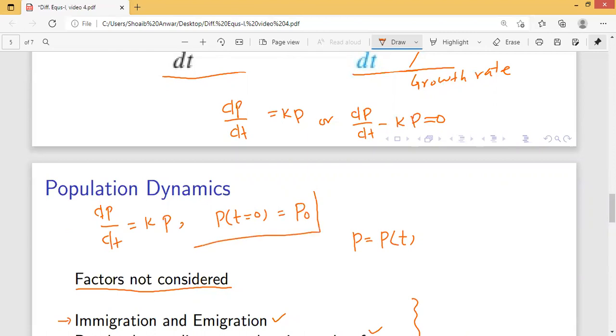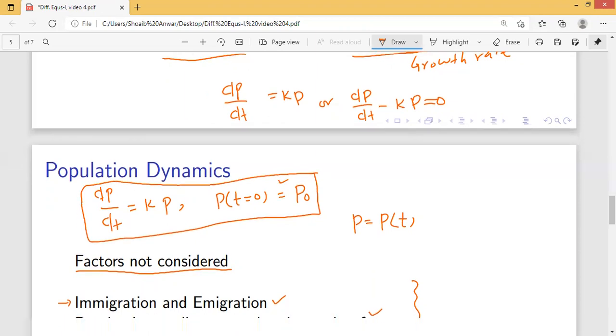Now this is your complete problem that will give you a particular solution instead of the general solution, and that condition is known as the initial condition for that problem, and this is a complete problem that will describe your physical phenomena.